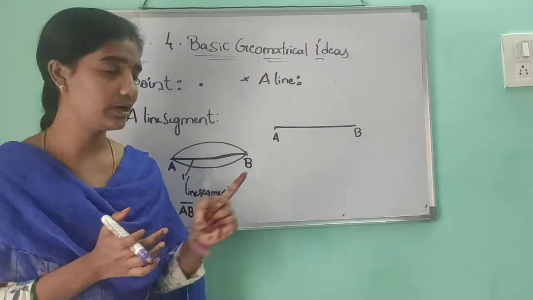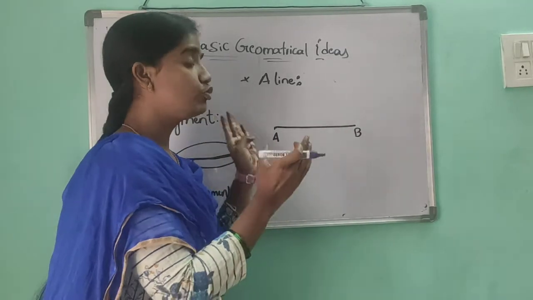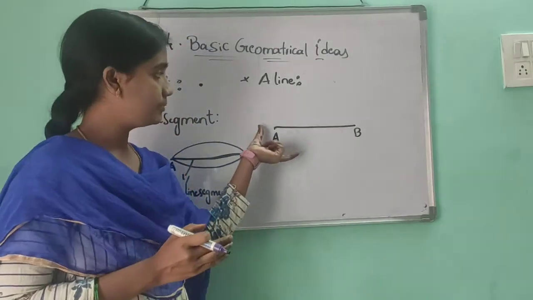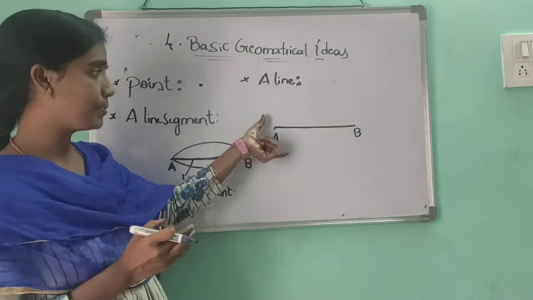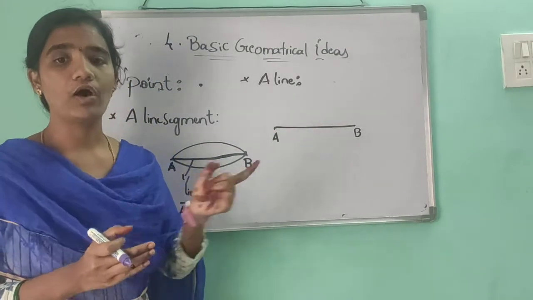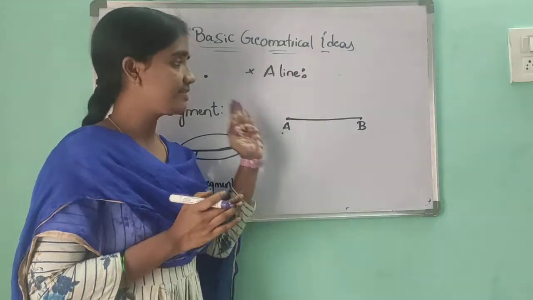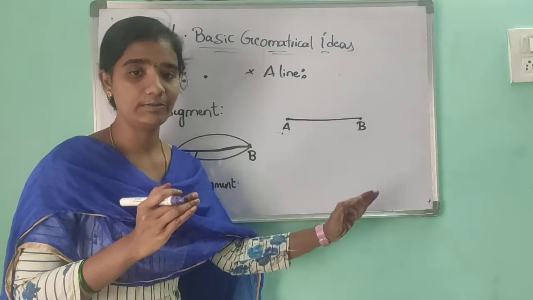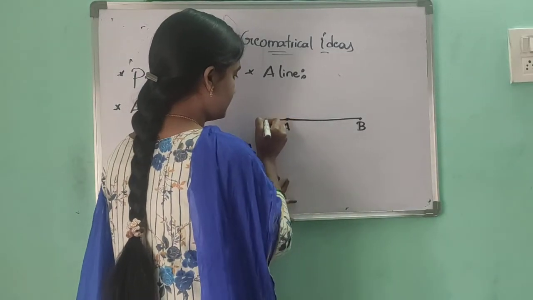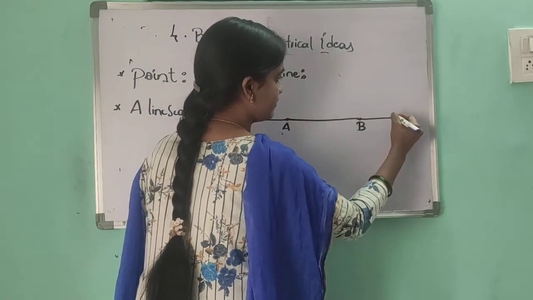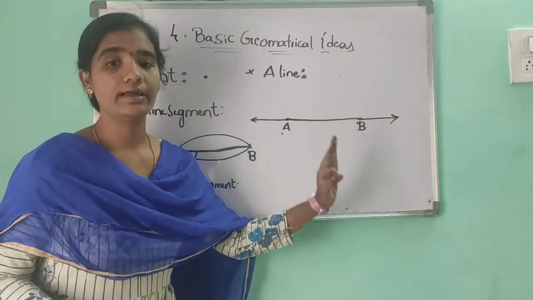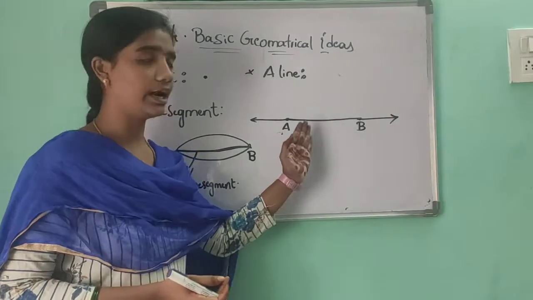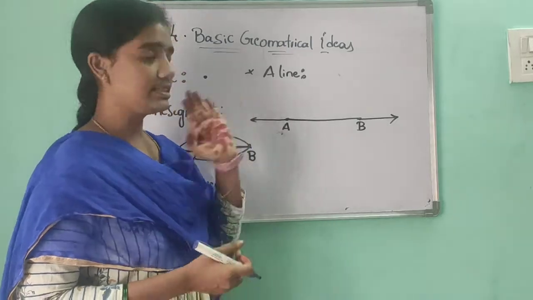Here I am taking 2 points, which can be joined with a line. In a line segment, the 2 points cannot be extended. Here, a line can be extended behind the points A and B. Extended in this way.